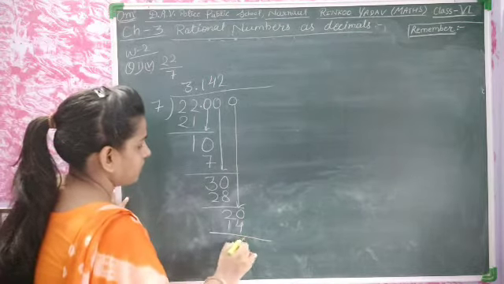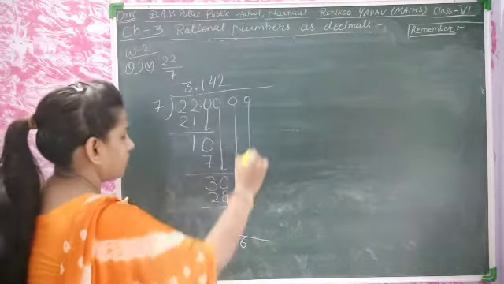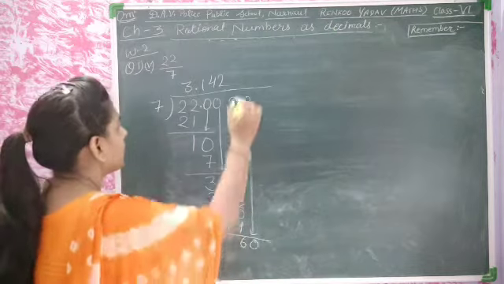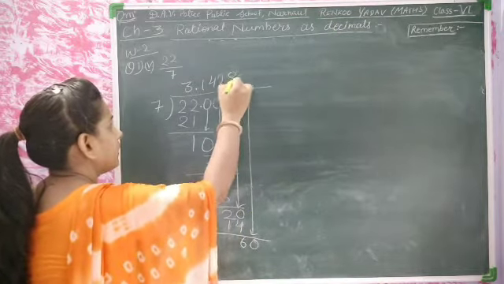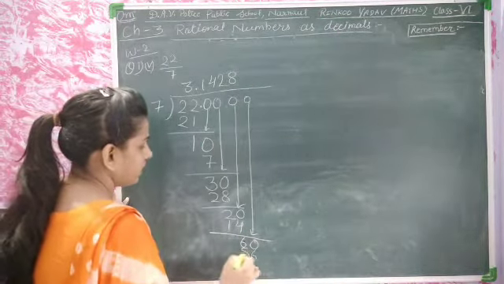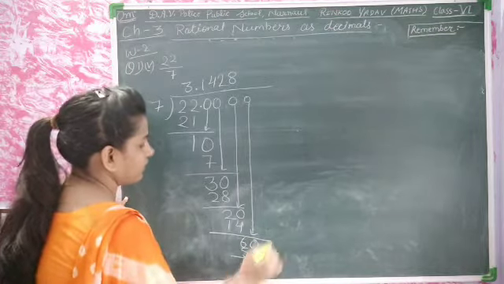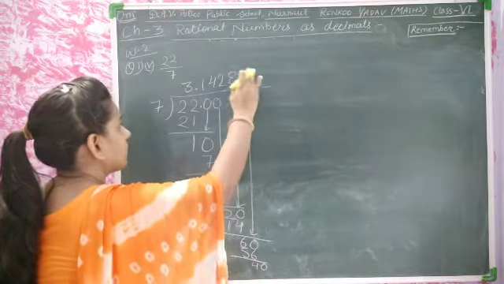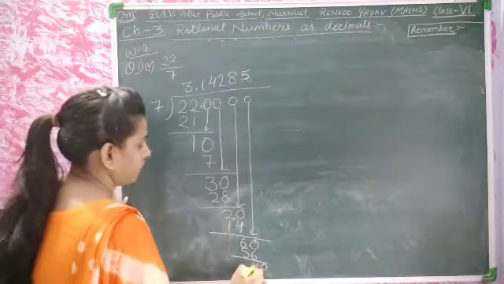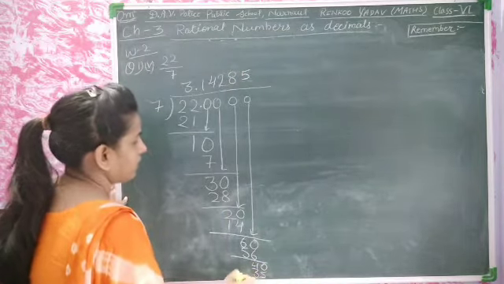And again we will place here the number 0, and 7 8s are 56, and there is a number 4. Again 0, 7 5s are 35, and there is a number 5.